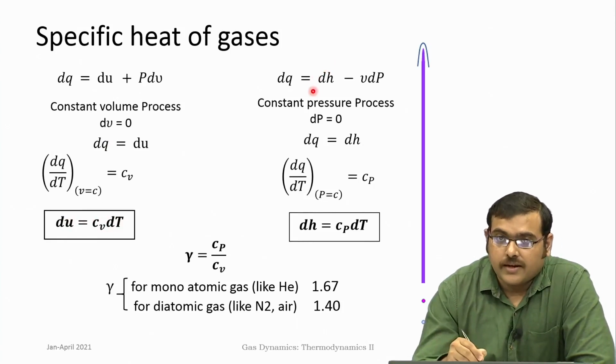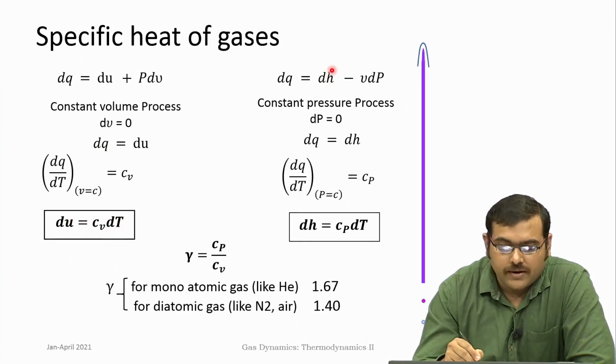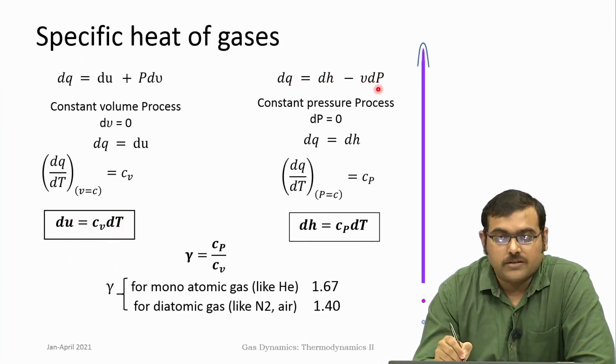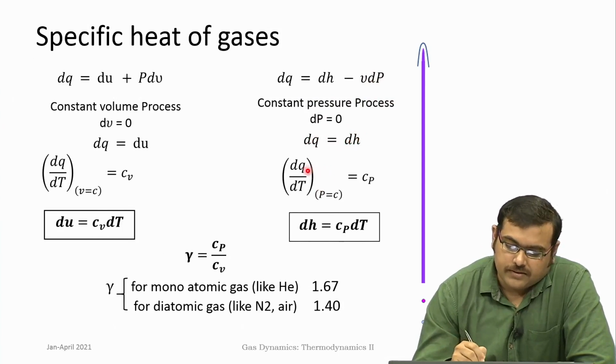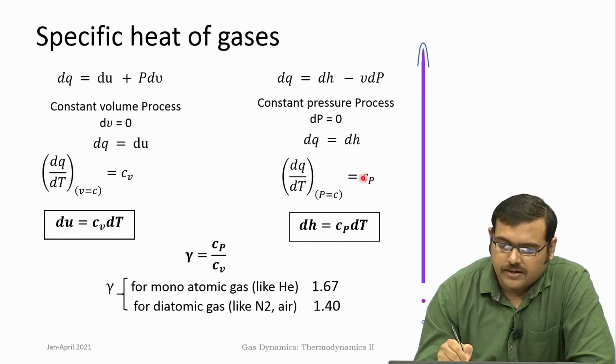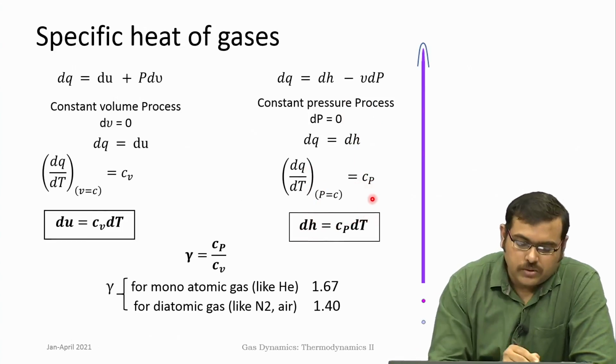Similarly, if you consider the equation for enthalpy, dq is equal to dH minus v dp, then for a constant pressure or isobaric process, dp is 0. So the heat added to the system directly affects only the enthalpy. You get the specific heat at constant pressure as Cp, and the enthalpy can be written as dH is equal to Cp dT.